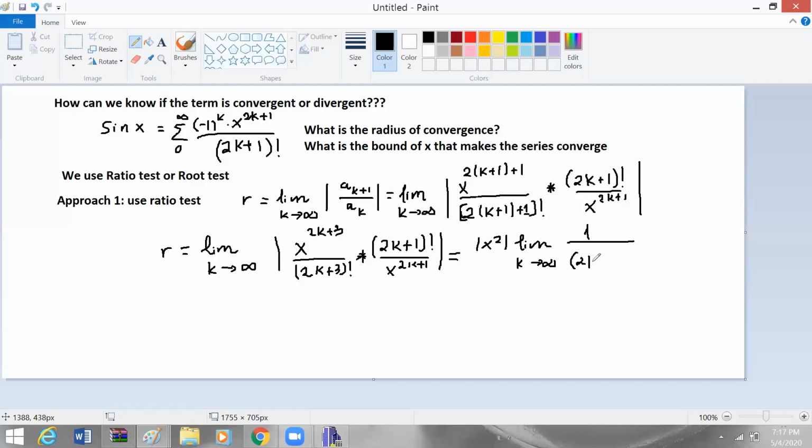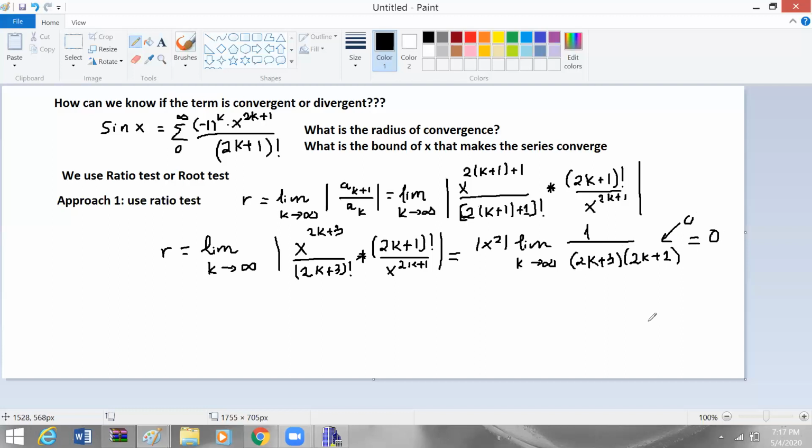I can rewrite 2k plus 3 factorial as 2k plus 3 times 2k plus 2 times 2k plus 1 factorial, so they cancel out on the top and the bottom. So the whole thing becomes this. Okay, and finally, when k goes to infinity, this goes to 0, the limit, right? So the entire limit goes to 0.